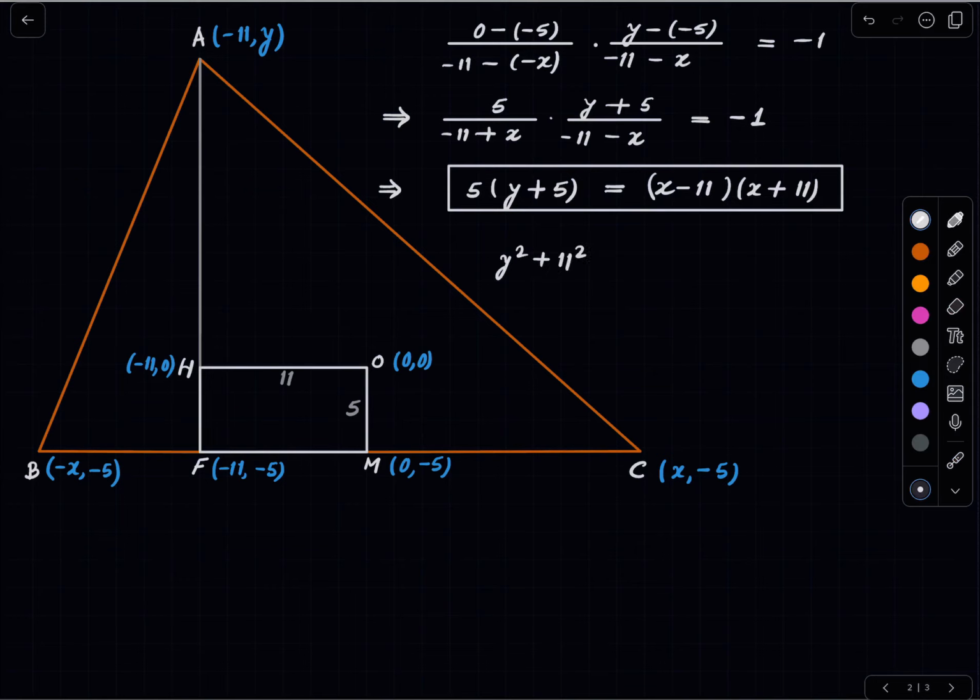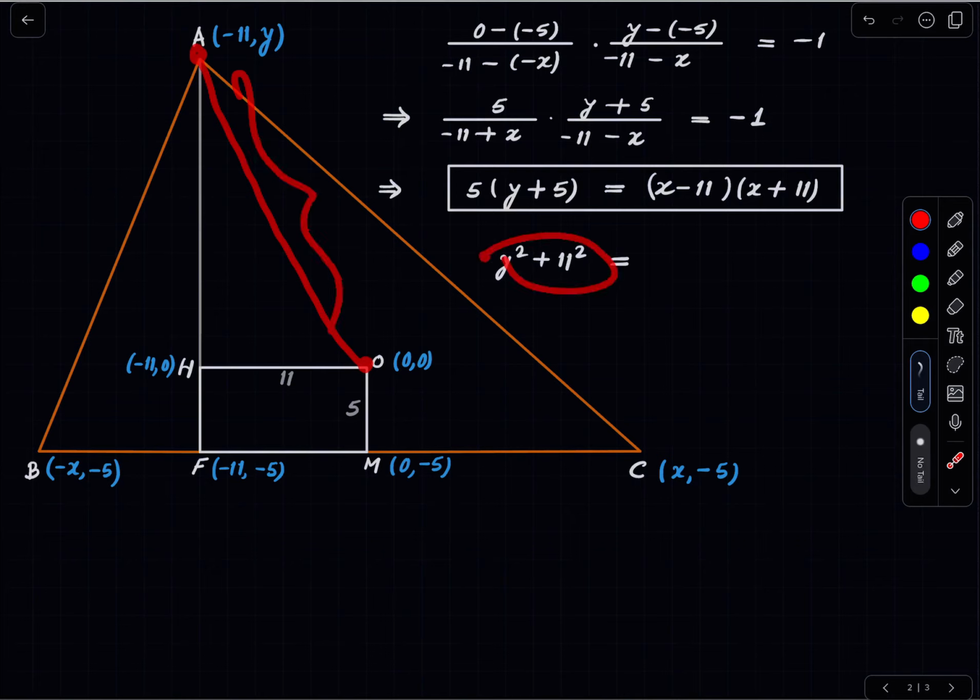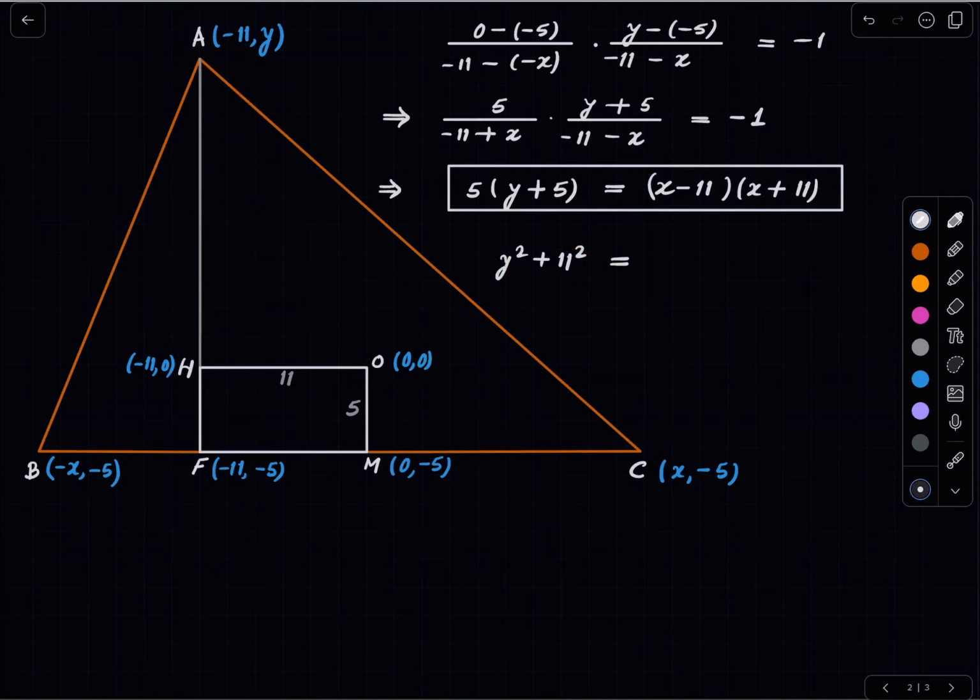And now we are using the distance between O and C and squaring it. So that is equal to x square plus 5 square. So we get another equation.